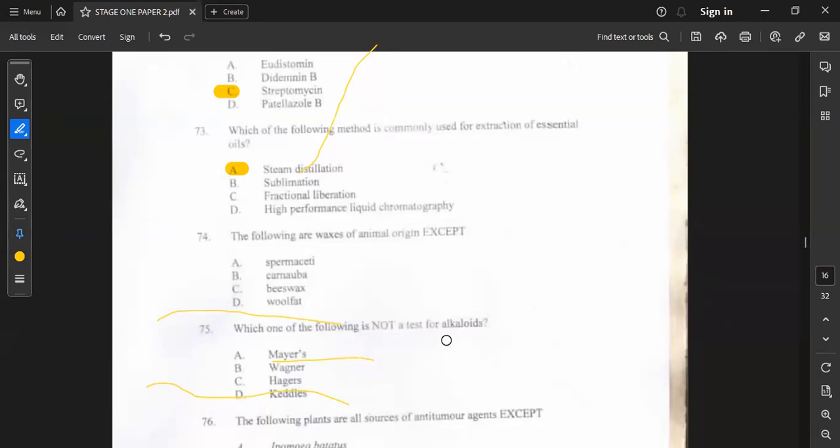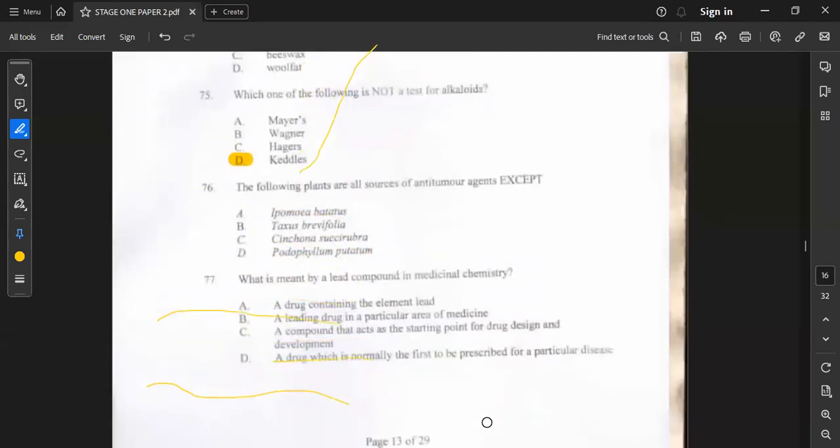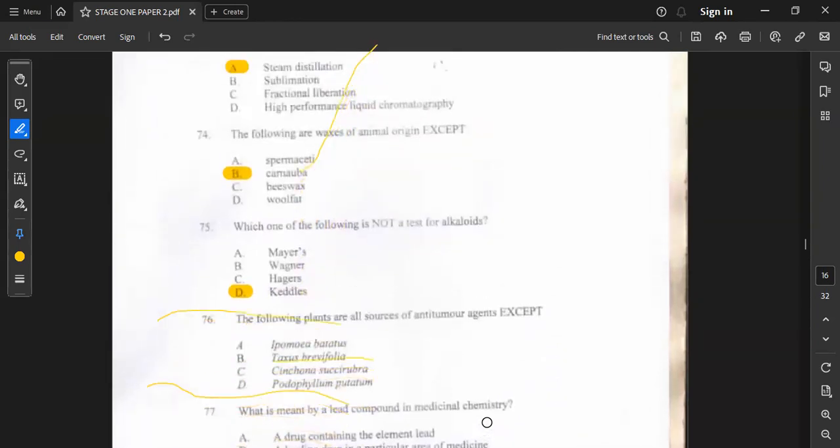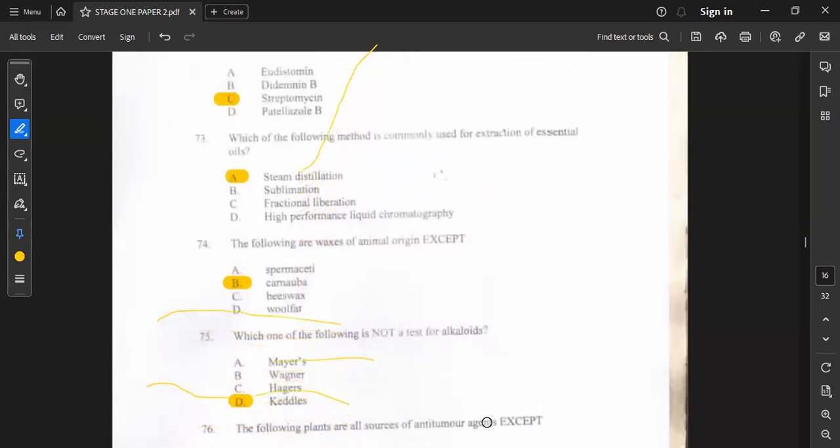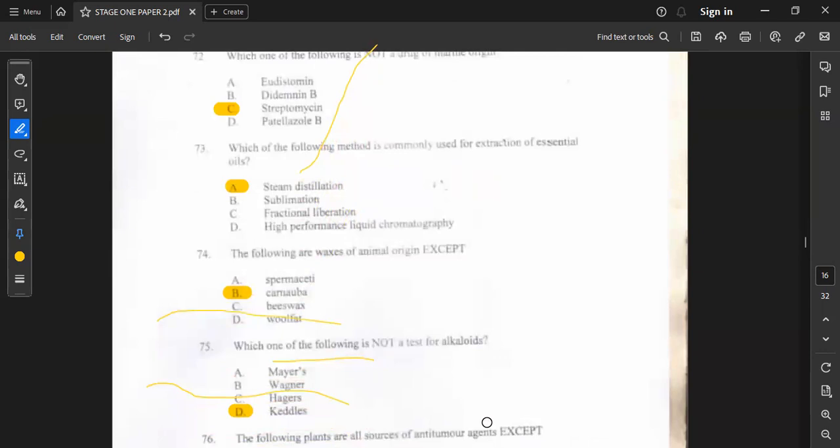Which one of the following is not a test for alkaloids? Mayer's, Wagner's, Hager's, or Kettle's? Kettle's, yeah. Should we recall something about the yellow precipitate? The one that has the yellow precipitate is Hager's, right? Yeah, I think so. The rest is white precipitate. Others form white precipitate, and then Hager's is yellow precipitate with alkaloids.